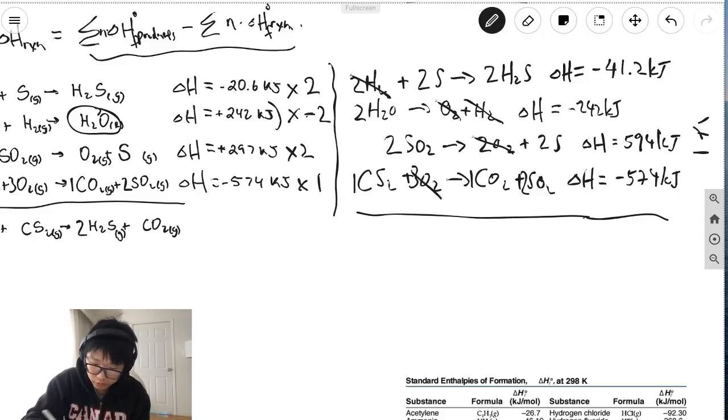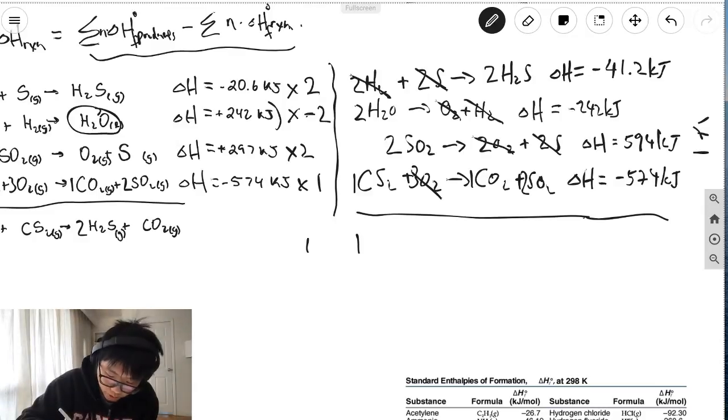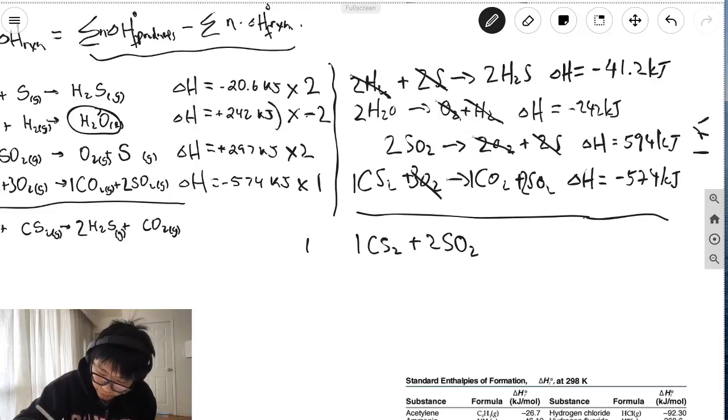So the 2 S with the 2 S. And then if you did this correctly, you should only have the products and reactants that you want. So if we verify what's left over, we have 1 of the CS2. We got 2 of the sulfur dioxide. Oh yeah, wait.